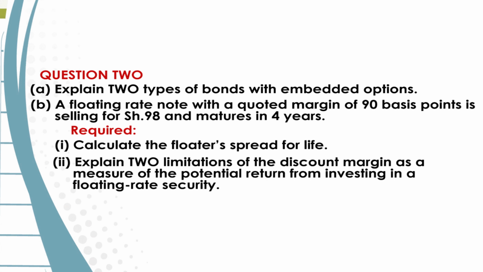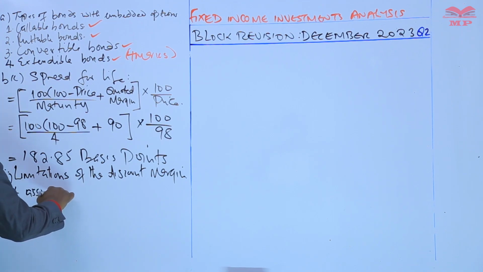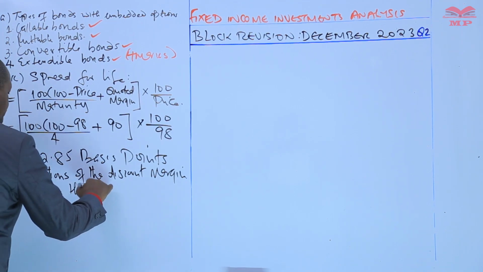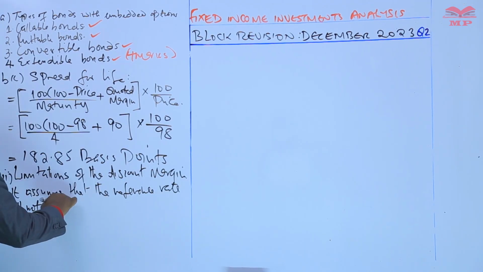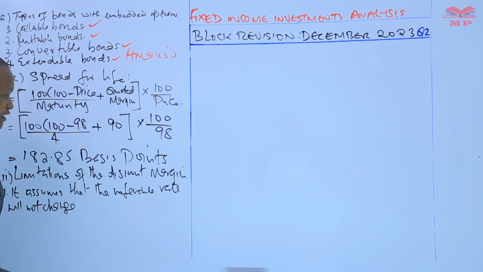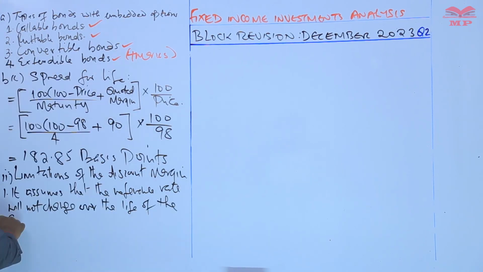Number one, it assumes that the reference rate will not change over the life of the security. This is an assumption of the discount margin, and that is a limitation.